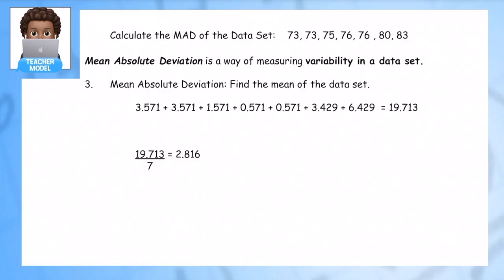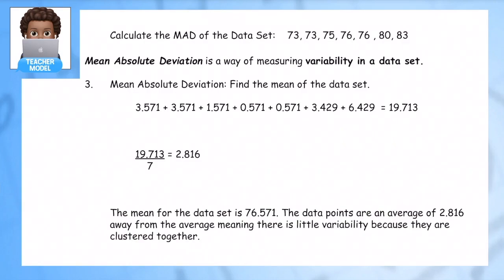This pretty much means that all the data are, on average, less than 3 away from 76.571. So they're all pretty close together. If they're only 3 away from 76, all your data points are very close. There's very little variability. Hit pause, jot this down, and we're going to go and do the next one by hand.